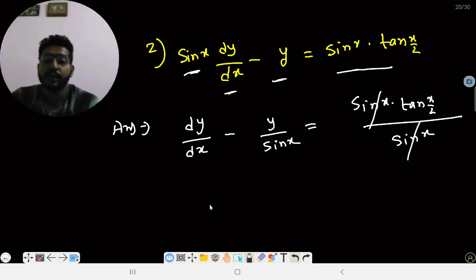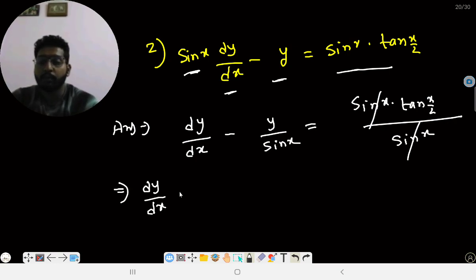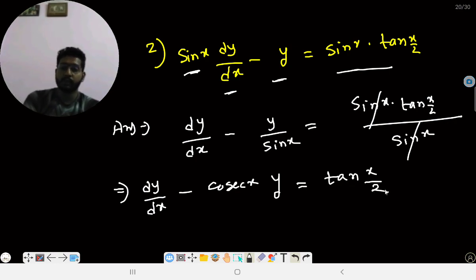Sin x and sin x cancel out, so it becomes dy dx minus, 1 by sin x means cosec x, into y equals tan x by 2. Now look at this, this is a linear differential equation.